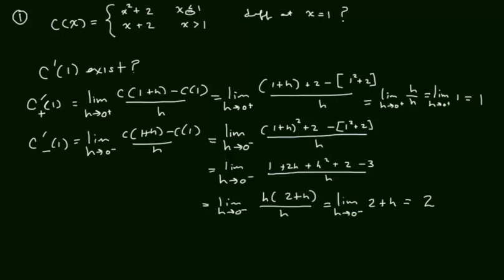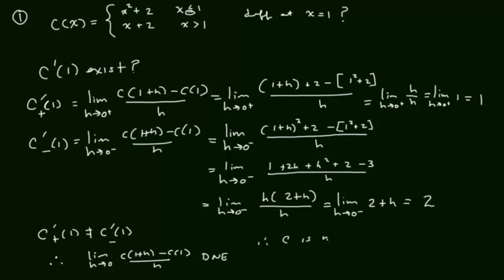So we're going to say now that c prime from the right of 1 is not equal to c prime from the left of 1, and therefore the limit as h goes to 0 of c of 1 plus h minus c of 1 over h does not exist. Finally, therefore, c is not differentiable at x equals 1.